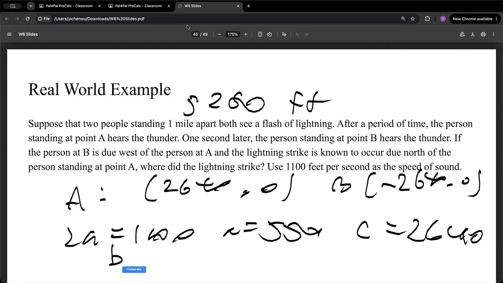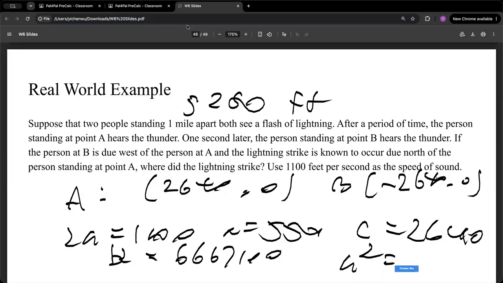Eventually, you do the calculations, and you get b squared is 6,667,100, and a squared is 302,500. That's doable because a is just 55 times 10.